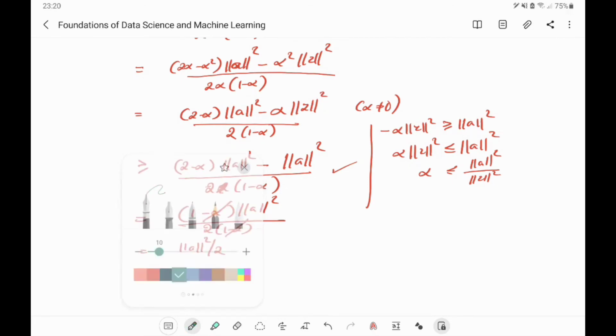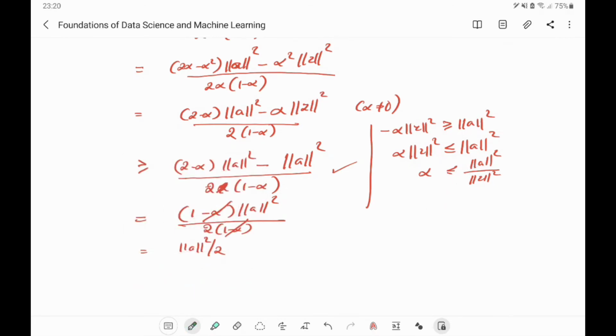If I choose alpha to be something like half of a squared by z squared, then my minus alpha z squared, you will be able to lower bound it by norm of a squared by 2, right?